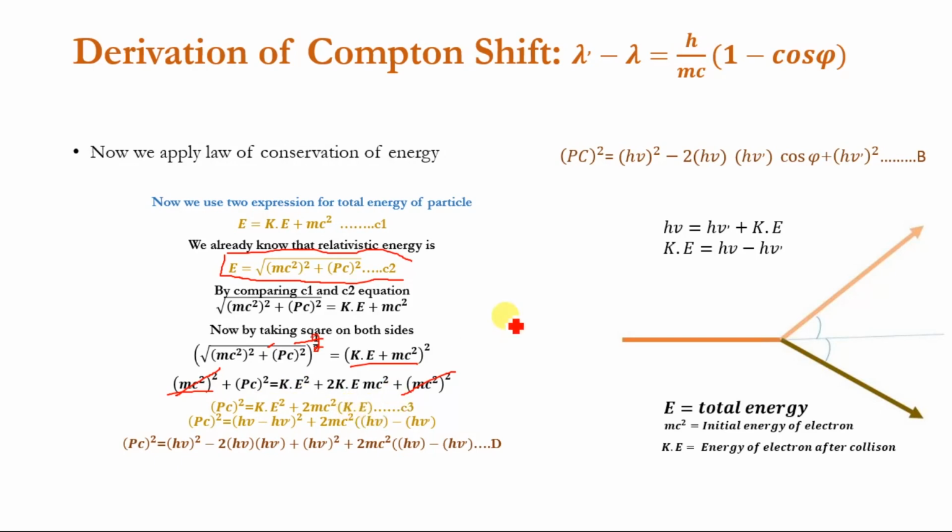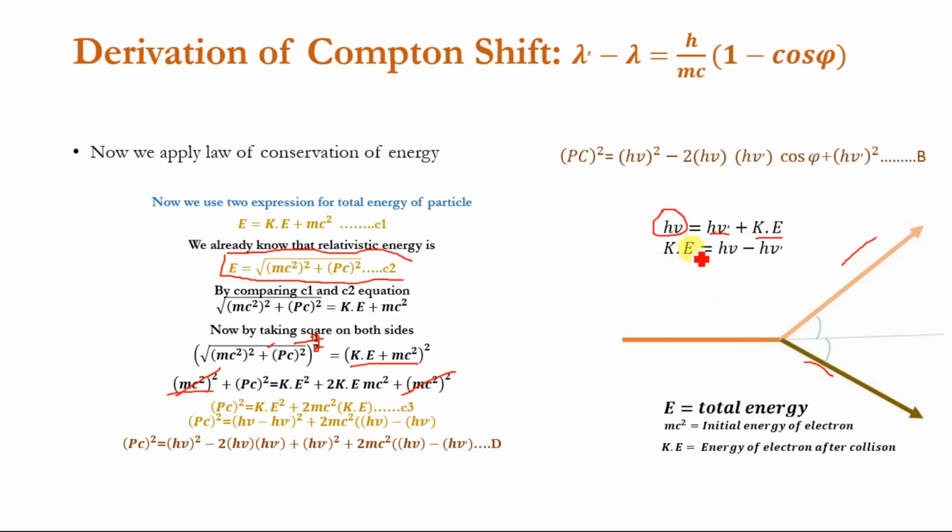Now we know that the total energy before scattering is equal to h mu, and after the scattering the energy splits into two terms. One is the scattered photon energy, this one, and the other is the kinetic energy of the electron, this one.